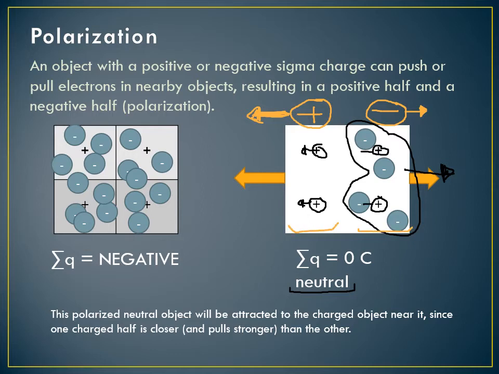So even though we've got this neutral object, it's going to be attracted. And that's true regardless of what the charge of the other object is. If this object was positive, everything would happen in reverse, but it would still end up with an attractive force, because the half that is closer is going to be pulling stronger than the half on the other side.